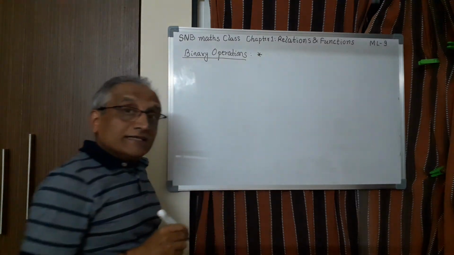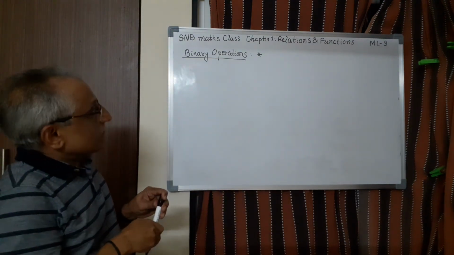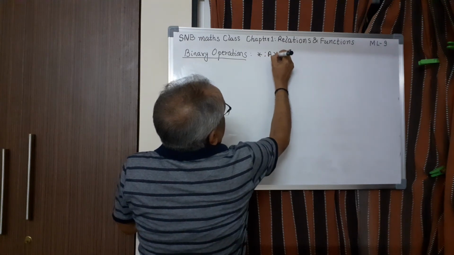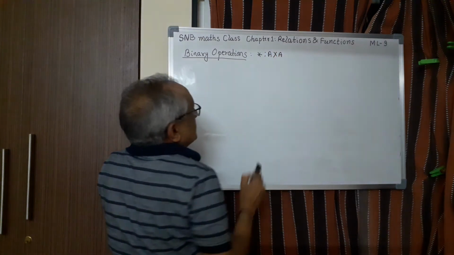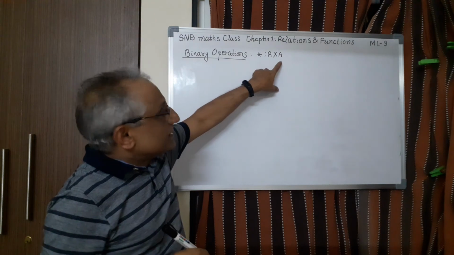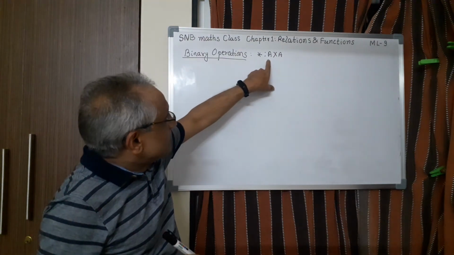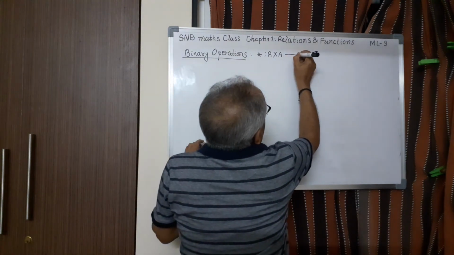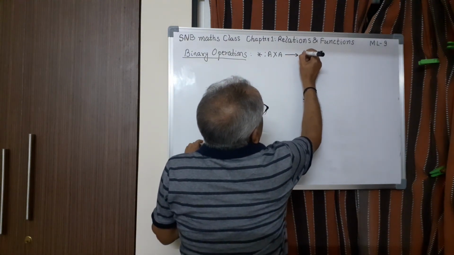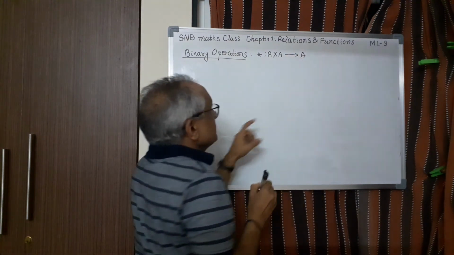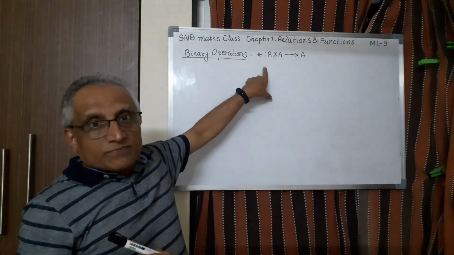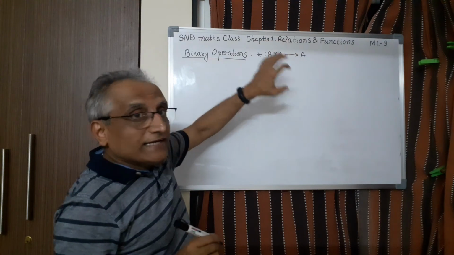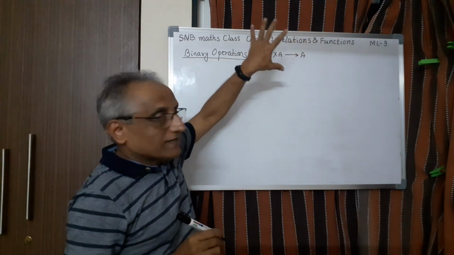First of all, binary operation is a function from a set A cross A. That means we take a set A, then cross product, one element from this one, another element from this one, and then if this function's codomain is A only, then it is called binary operation. I have given a sufficient number of examples to show when it is a binary operation and when it is not a binary operation.